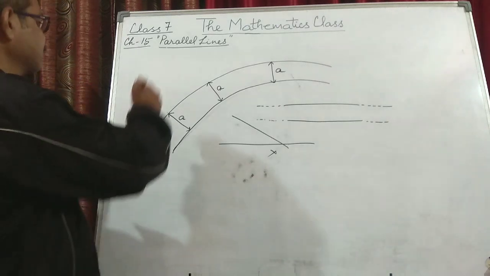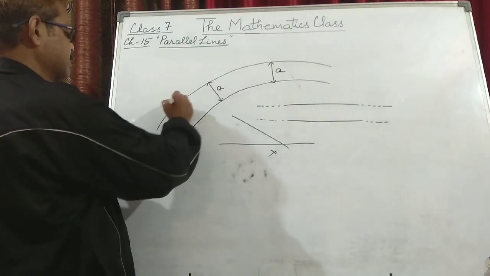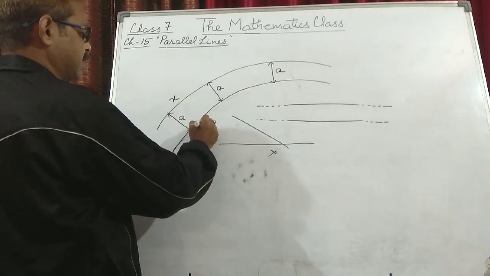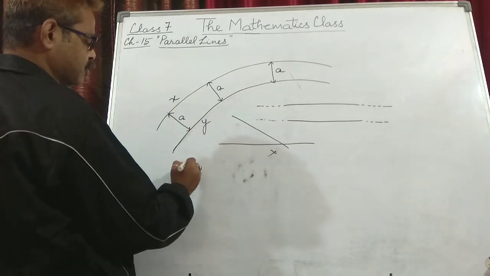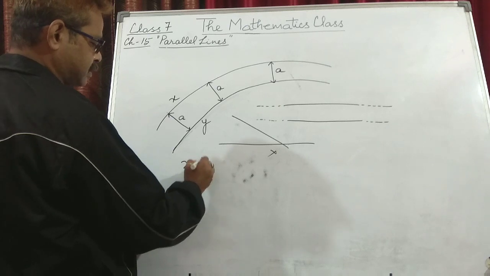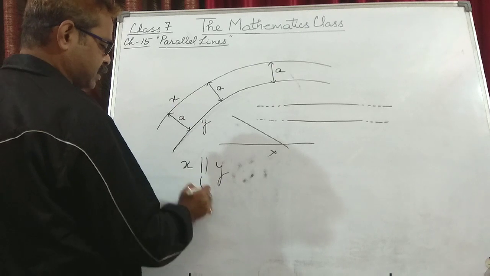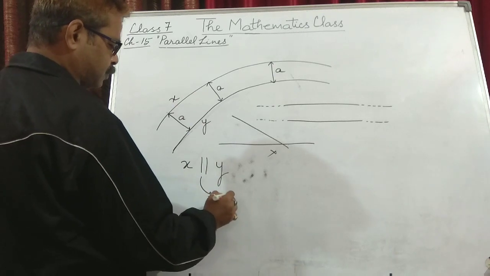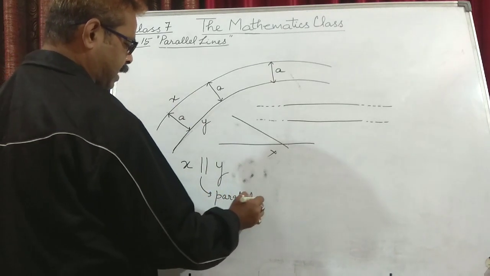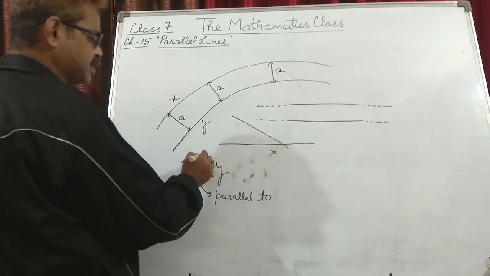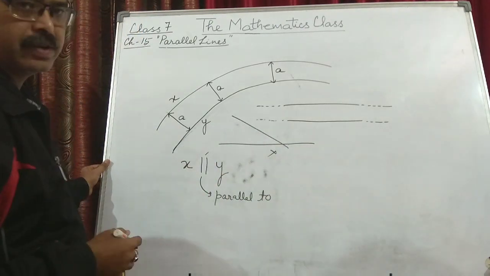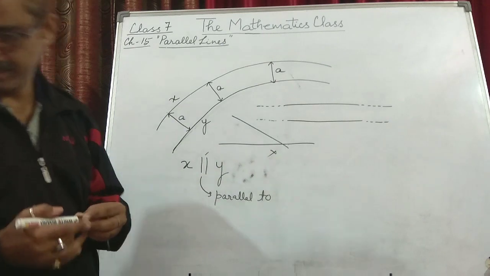And it is written as, suppose I say this line is represented by x and this line is represented by y, so we can say x is parallel to y. So this sign is for parallel to. This sign is generally written when we write parallel lines.